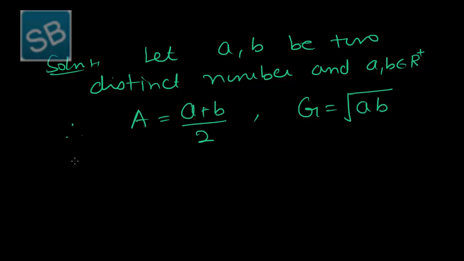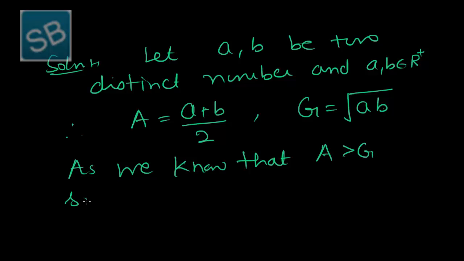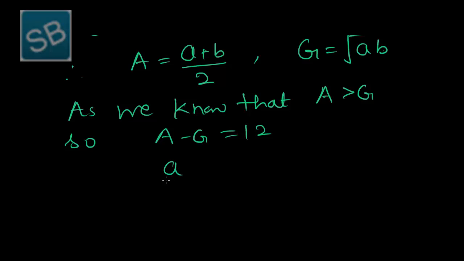And as we proved in the earlier problem, A is greater than G. So, as the difference between AM and GM is a positive real number, we have to write A minus G is 12, rather than G minus A, which becomes negative. And we also have A over B is equal to 1:9, that is B is equal to 9A.